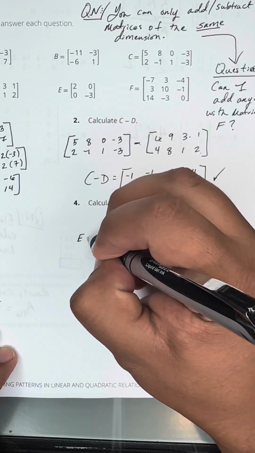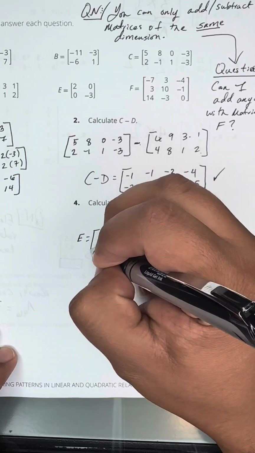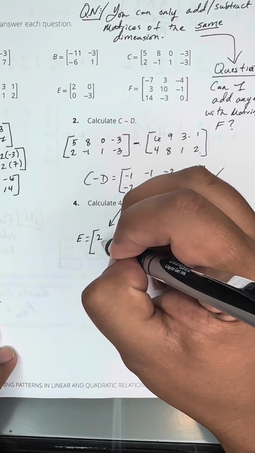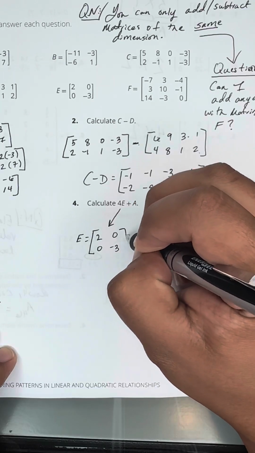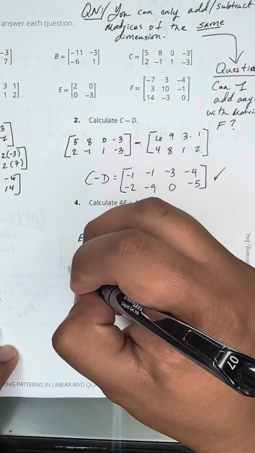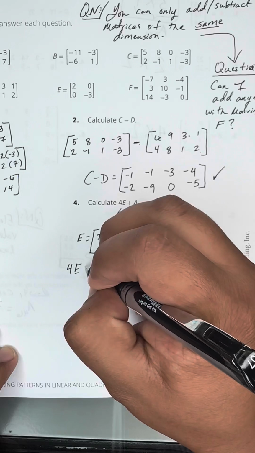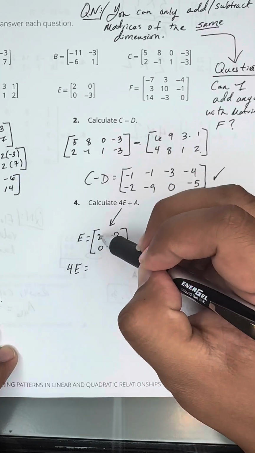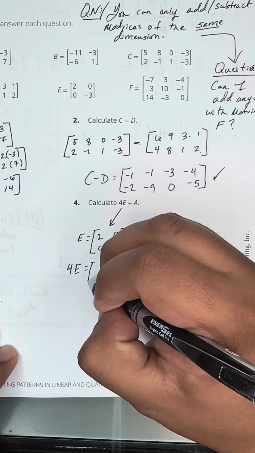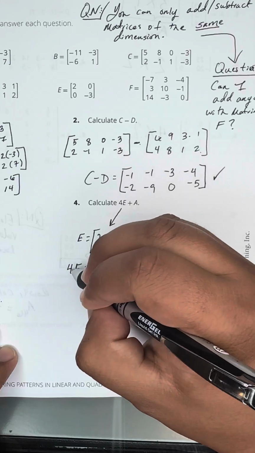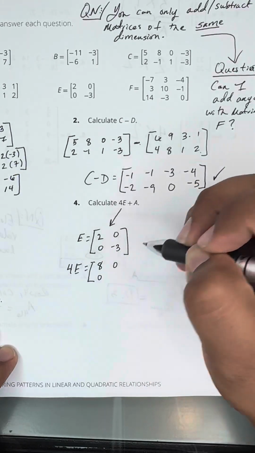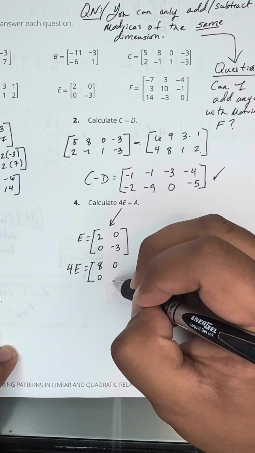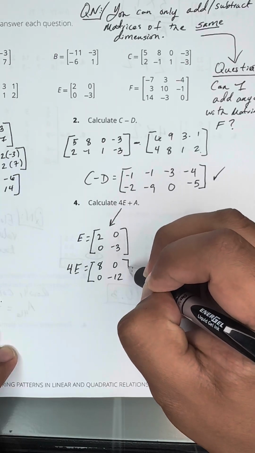Bring out E first, which is the matrix of 2, 0, 0, negative 3. And 4 times E would be 4 times 2 is 8. Make a big brace. 4 times 0 is 0. 4 times 0 is 0. 4 times negative 3 is negative 12.